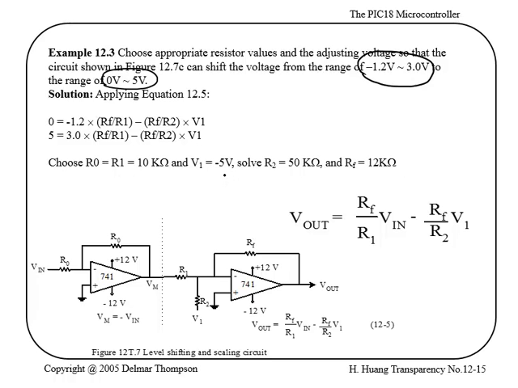So they used V1 equals minus 5 volts and picked R0, R1 to 10 kilo ohms, solved for R2 and RF, and these are the values that they got. Right, now why did they choose minus 5 volts? Because on the PCB board that they had, minus 5 volts was available from the power supply. If you don't, then use 3.3 volts or 3 volts or 1 volt or whatever that is available to you.